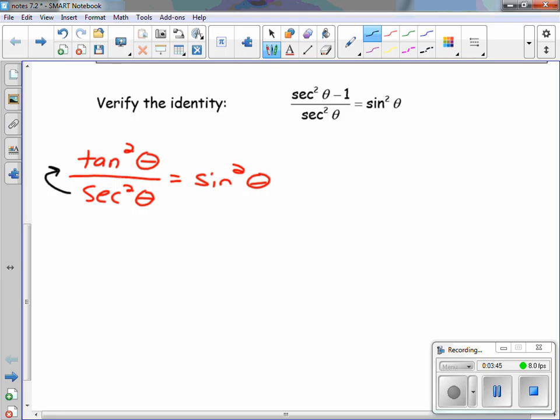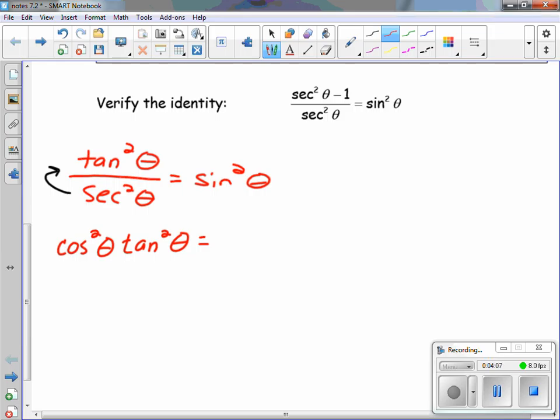If you take a monomial term, all right, and you move it from numerator to denominator or denominator to numerator, it will become its reciprocal. So we can rewrite this as cosine squared theta times tangent squared theta. All right, and again, we're just going to work with that left side.